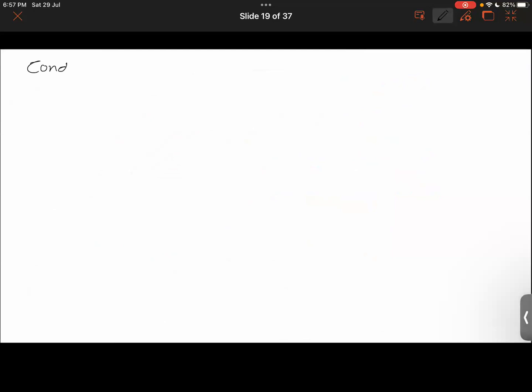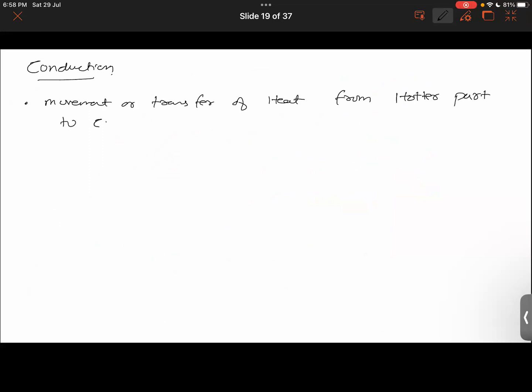Let me list down the few things which we have discussed so far regarding conduction. First thing is that it is the transfer of heat from where to where, guys? From hotter part to colder part of an object, and that object will be solid.